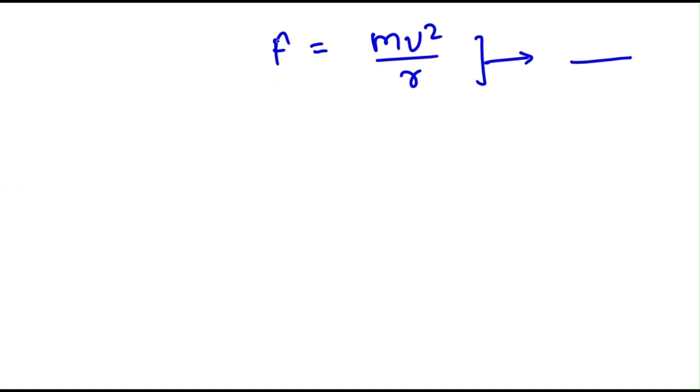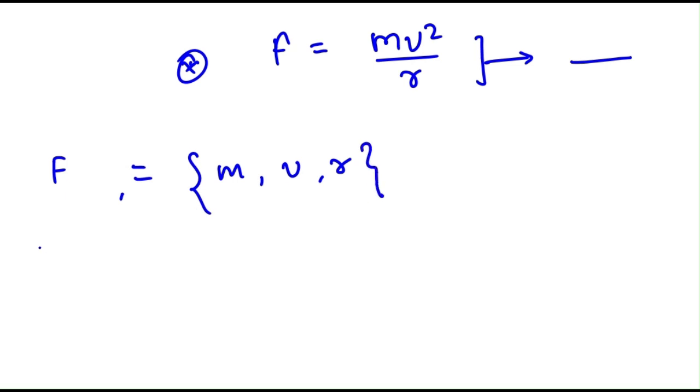So, force is mv square by r. Now, we are given that there is a force which is related to mass, velocity, and some radius, some length type quantity. Now we have to establish a relation between force and these three quantities.